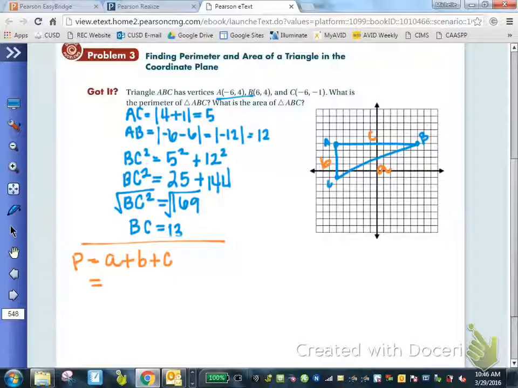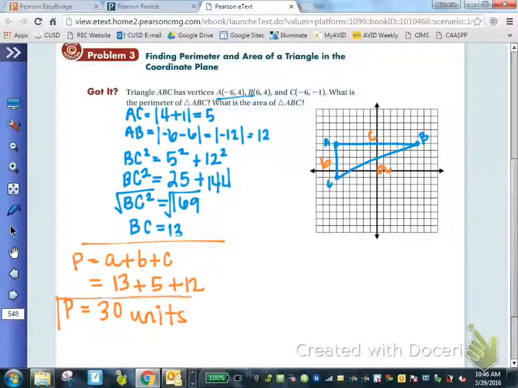Okay. You sure? Yeah. Okay. So when we add these all together, a was 13, so b would be 5, and c would be 12. So what do we get for our perimeter? Who got it? 20. 30. 30 units. Okay. Area is, what's the formula? 1/2 base times height.